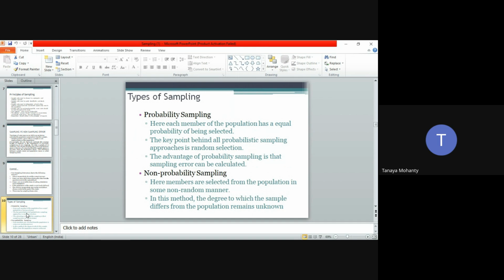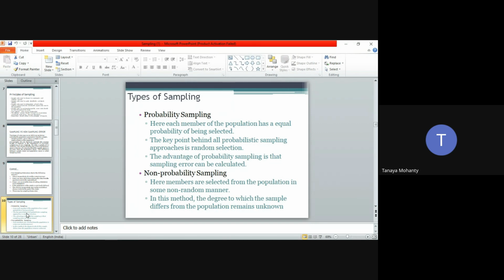So let's come to the idea of the types of sampling. There are two types of sampling. One is probability sampling, and the other is non-probability sampling. In probability sampling, each member of the population has an equal probability of being selected. The key point behind all probabilistic sampling approaches is random selection.